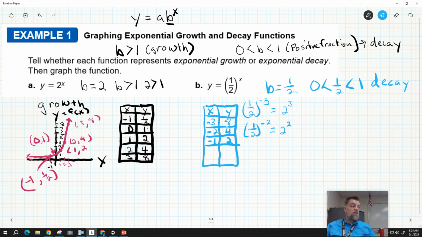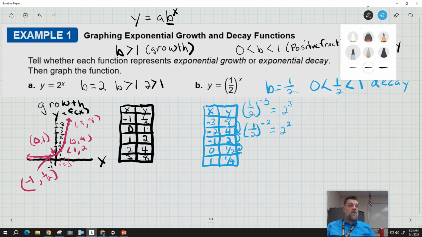So that would be 4. When I plug in 0, that's just going to be 1. And so what I'm doing to get from here to here, notice that I'm just multiplying by 1/2. So I could do this without doing the math. What's 1/2 of 1/2? 1/4.